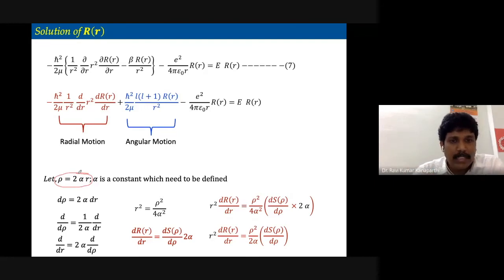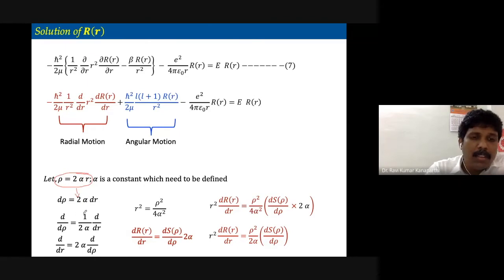Once that is done, you can evaluate certain things like d rho. d rho is equal to 2 alpha times dr, right? From this, d by d rho is equal to 1 over 2 alpha multiplied by d by dr. From this again you can write down what is d by dr. Why?